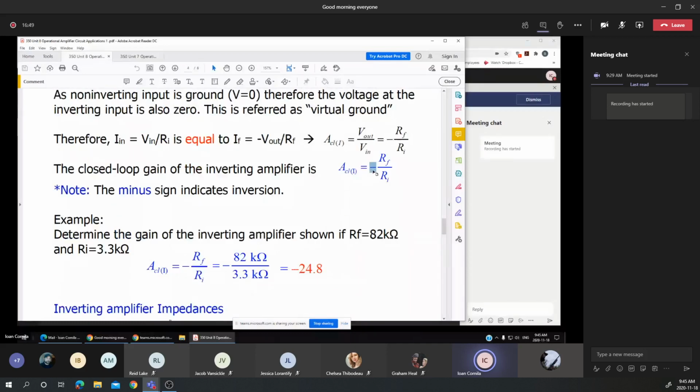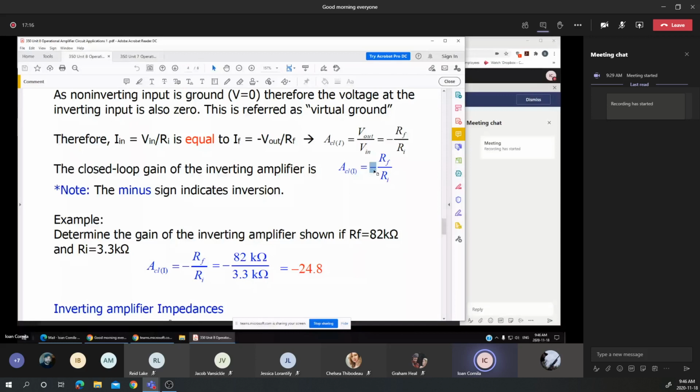I know it's a ratio of the two resistances, RF over Ri, but the negative sign shows that the output voltage is out of phase with the input voltage, and the angle of this phase shift between the input voltage and the output voltage is 180 degrees.